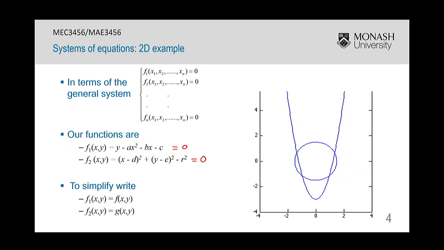To simplify, just so the mathematics looks a little easier, we're going to let f1 equal f of x,y and f2 equal g of x,y. So we're going to use f and g instead of f1 and f2, and the system of equations can now be written as f(x,y) equals 0 and g(x,y) equals 0. And we're trying to find what values of x and y these are both satisfied at simultaneously.